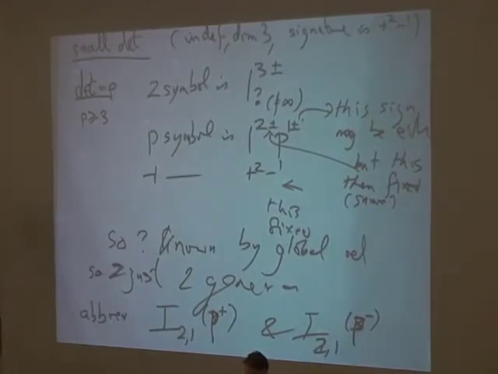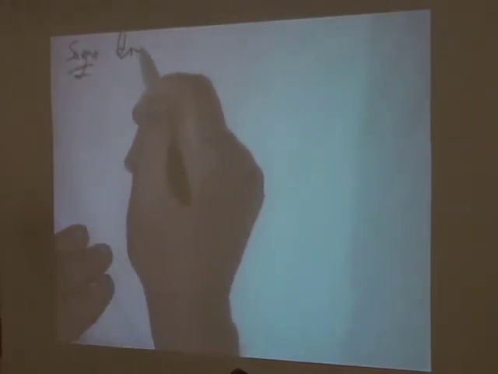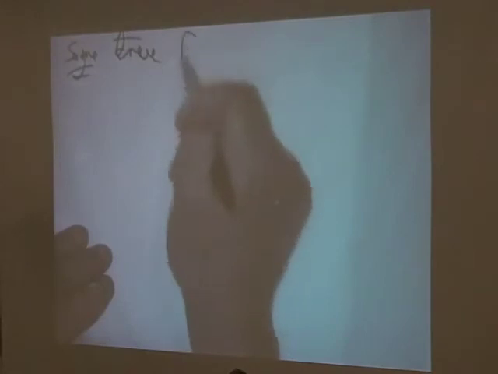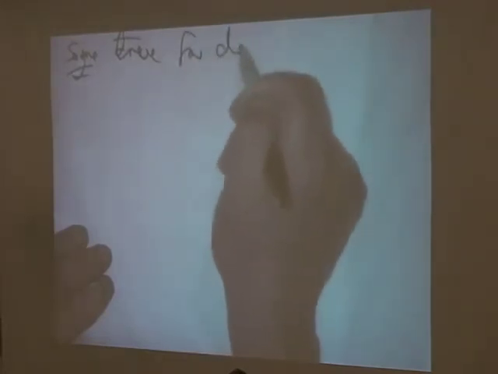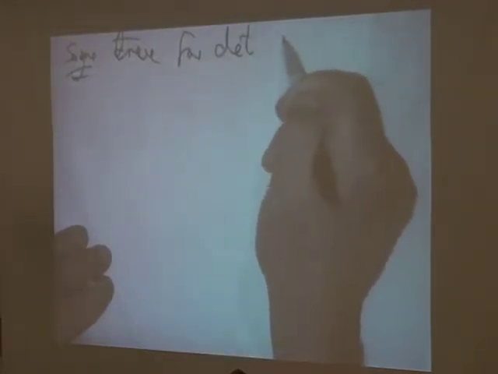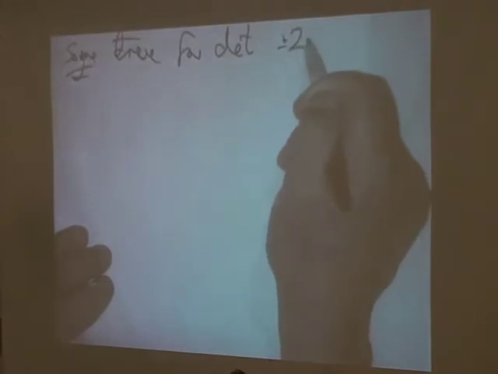The same is true for determinant plus or minus 2p. The 2 symbol is determined essentially again. The 3 symbols are determined.